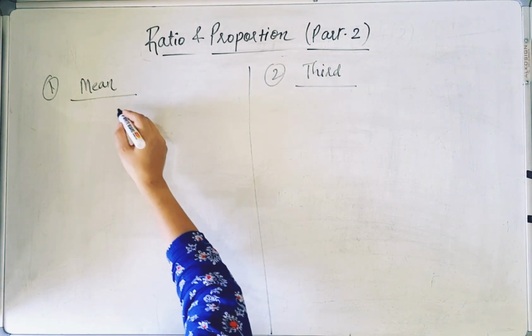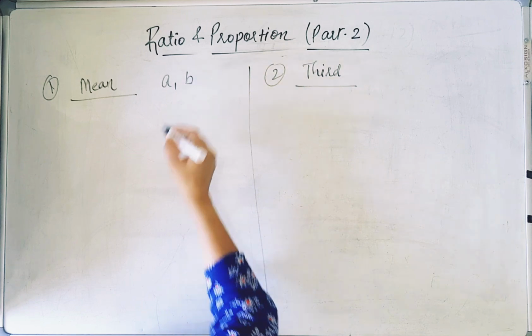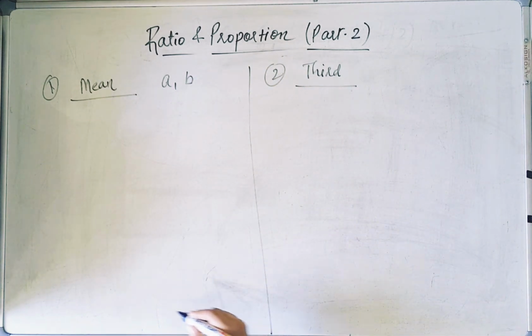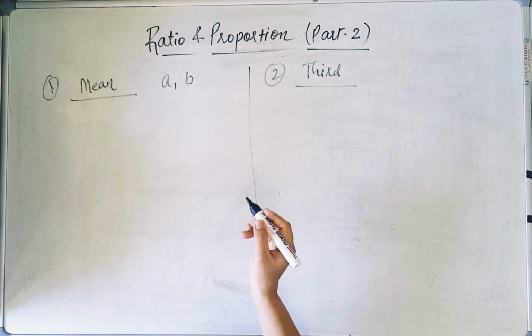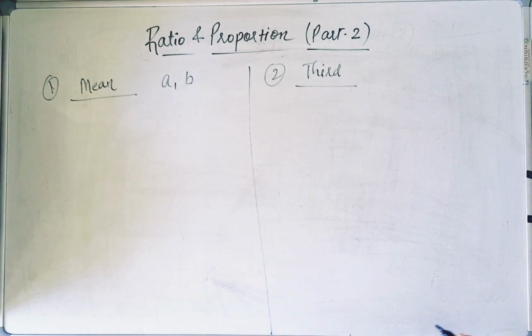In this type of question, they may ask for the mean proportion and they can ask for the third proportion. Let's suppose I have two quantities A and B, and you have to find the mean proportion between them.